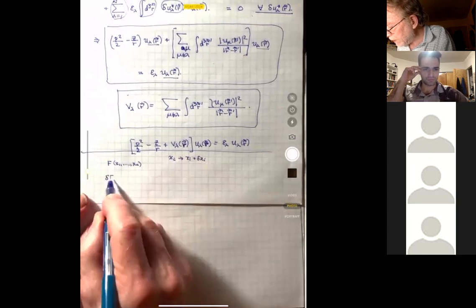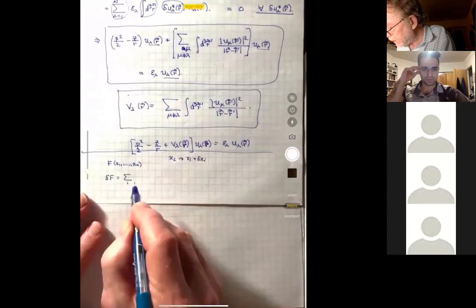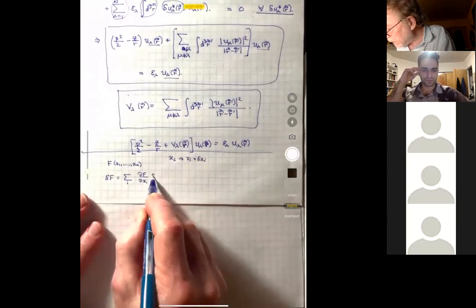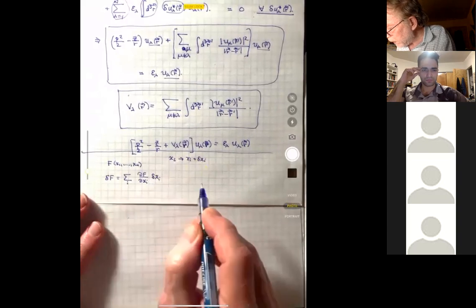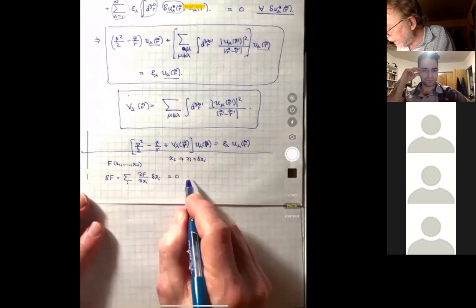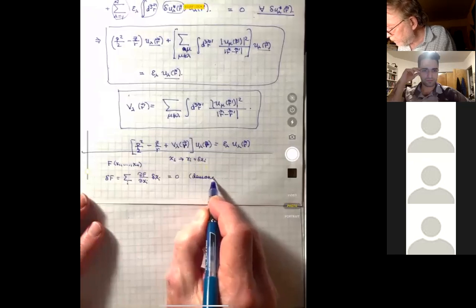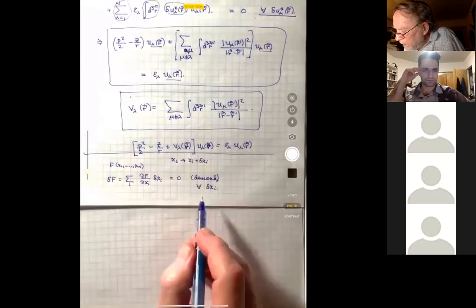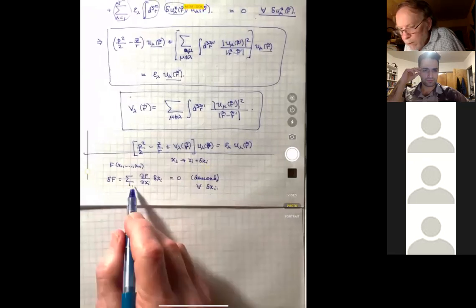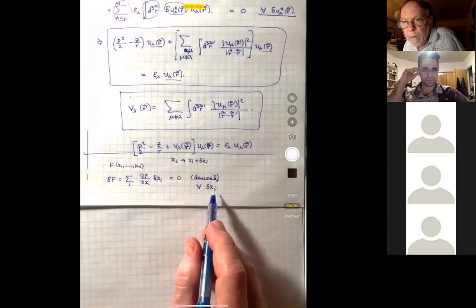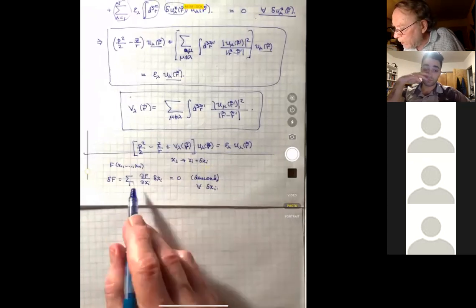If we do this, then we find delta f is the sum on i of the partial of f with respect to xi times delta xi. Now we want this to equal 0. We demand this for all delta xi. Well, if this is true for all delta xi, you see we get to cancel the sum here, because we could take all the delta xi's equal to 0 except for one of them, in which case the sum would only have one term.